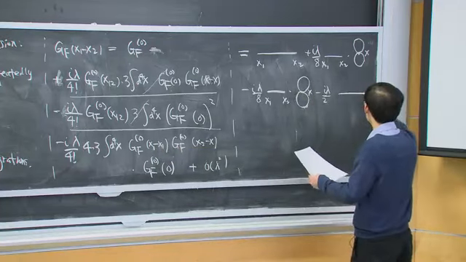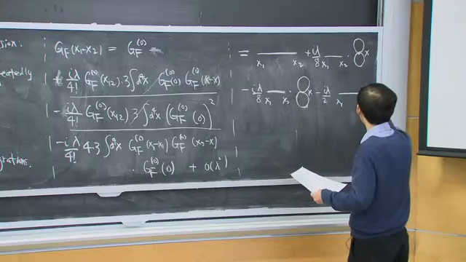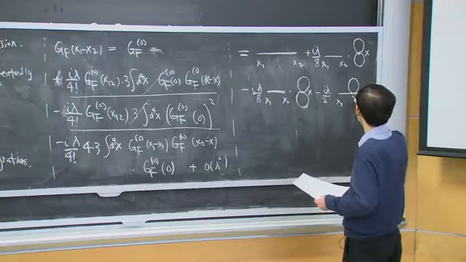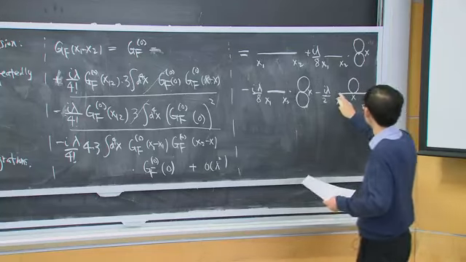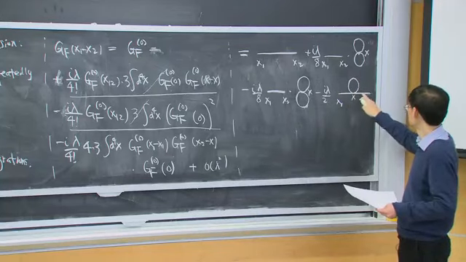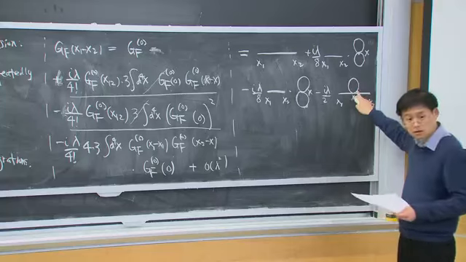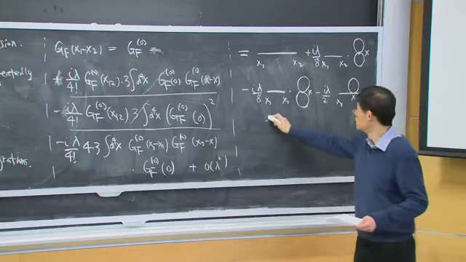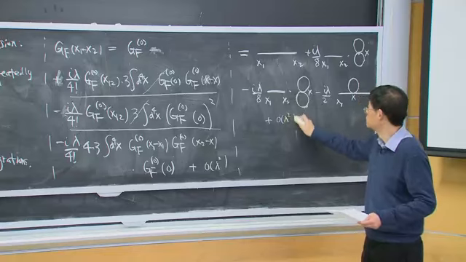And then you have something like this. x1, x2. So this here is x. x1, x, x2, x, and then x2 itself. And then you have all the lambda squared term.